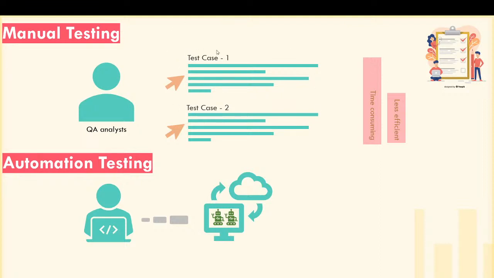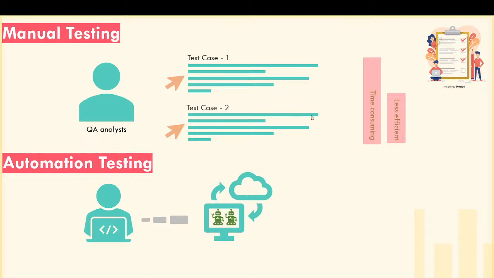But at some point of time you need to run it again to make sure everything is working fine. So it is taking more time. If there is only one tester in your team, then executing 1000 test cases might take him 30 days. So it's time consuming and less efficient.